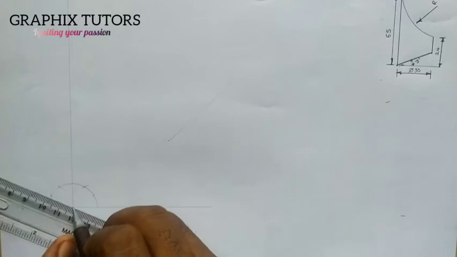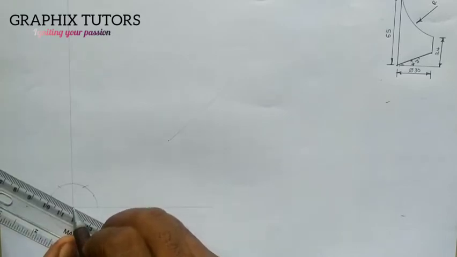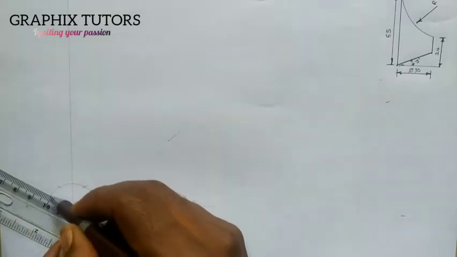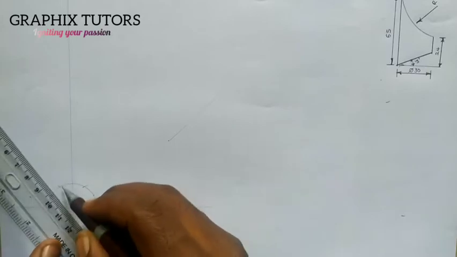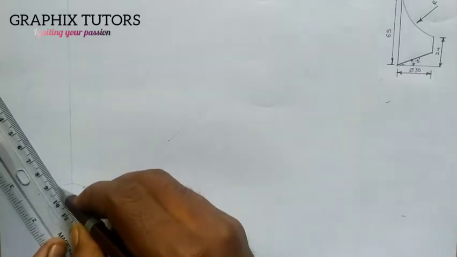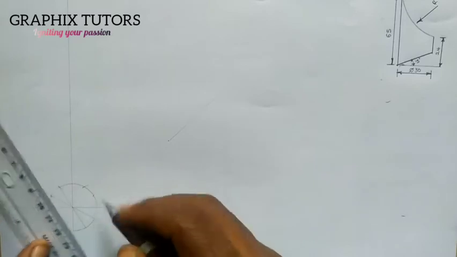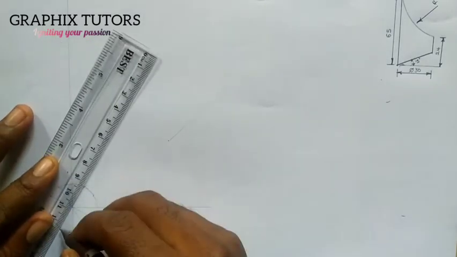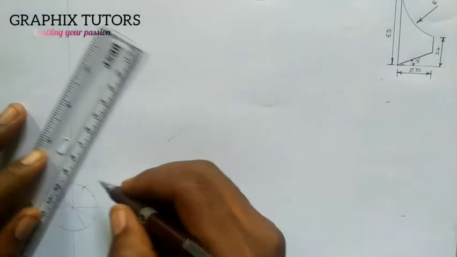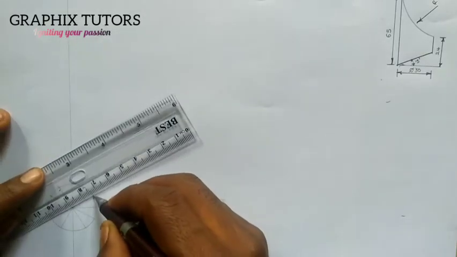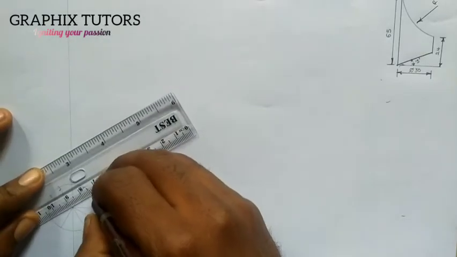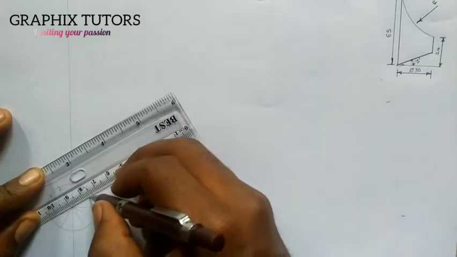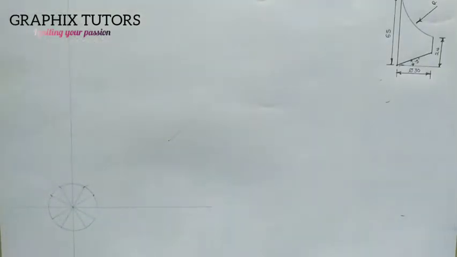All those points I mark should be passing through the center. So from the center to this, from the center to this, and from the center to this. So this is what we have.